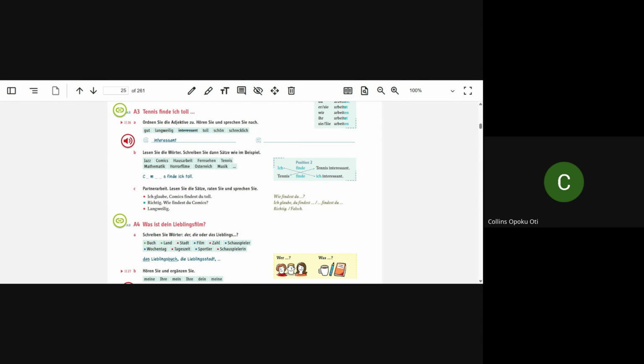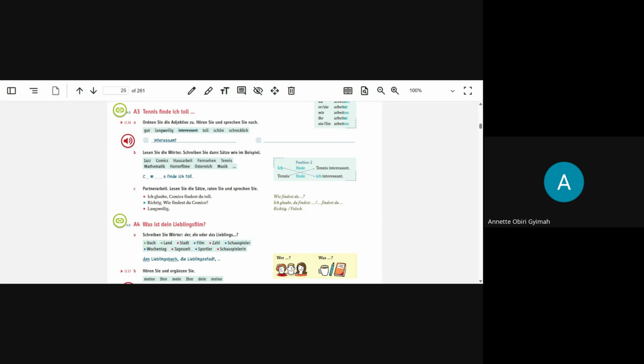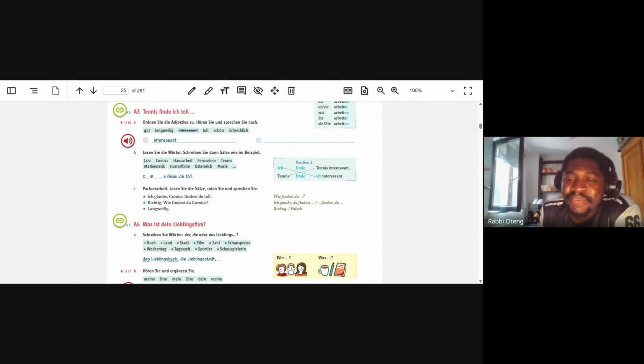You can interchange it because they are both nouns. For example, Ich finde Schwimmen interessant, or Schwimmen finde ich interessant.